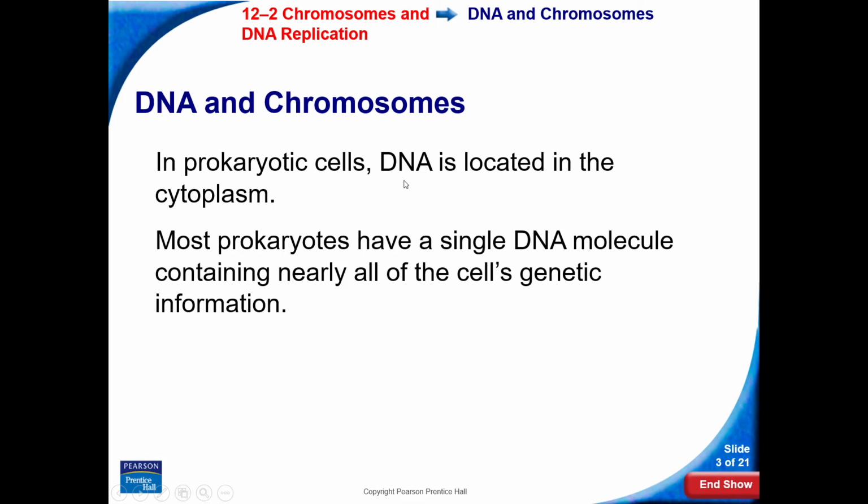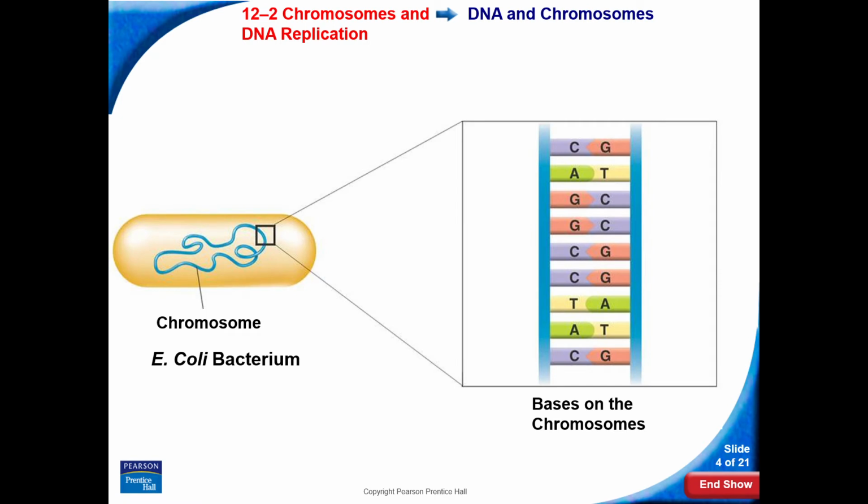It's in a single loop. And as you can see over here, this single loop is called a plasmid. It's basically the same as the DNA in a eukaryotic cell in that it base pairs the same, cytosine with guanine, thymine with adenine.